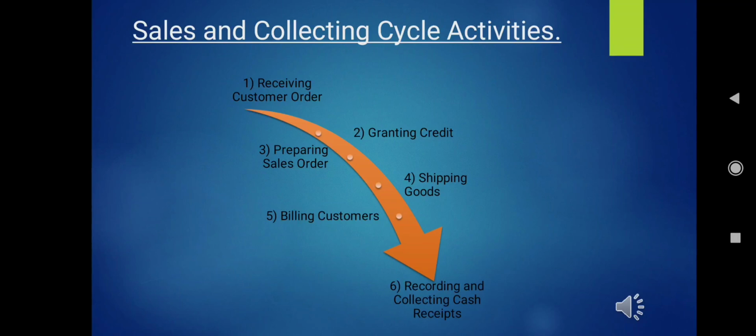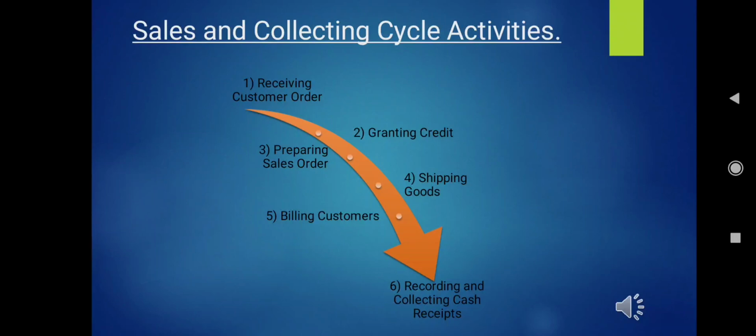Okay, so we move to the sales and collecting cycle activities. There are 6 processes of sales and collecting cycle activity. The first one is receiving customer order.